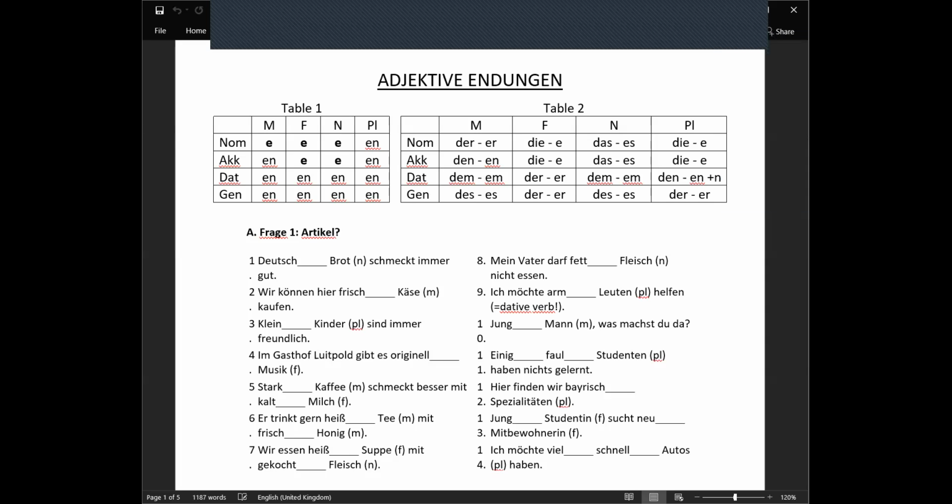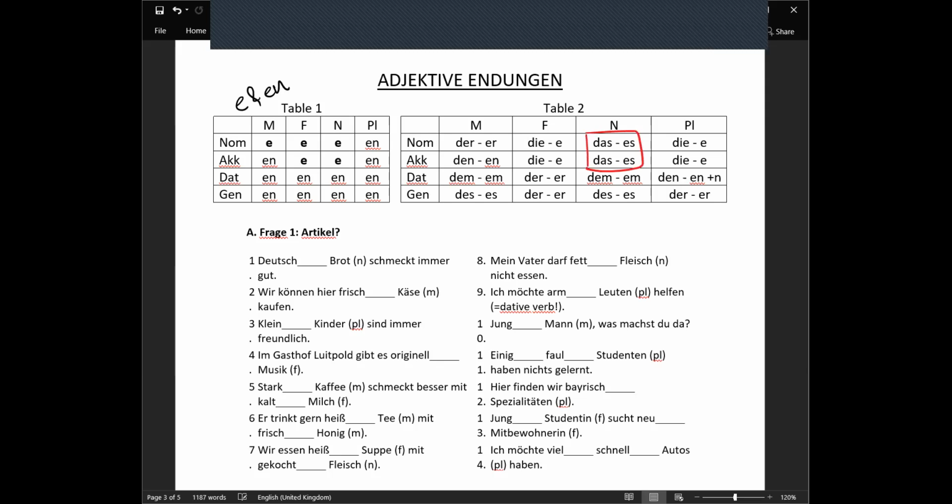So coming back to the table, the first table, like I said, I refer to it as the table of E and EN. And the second table, like I said, is basically a recycle table of the definite articles. Now, the unusual thing here is for neuter, nominative, and accusative.